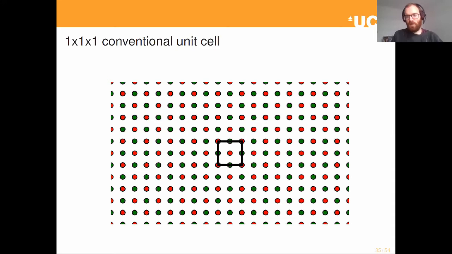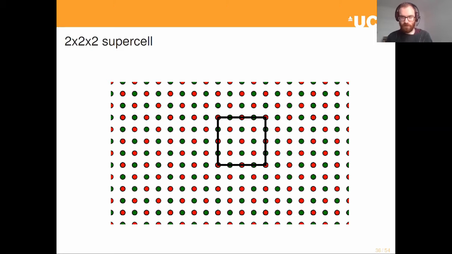So just to remind you, when we're discussing a periodic system, we have a unit cell, and we can imagine that this unit cell is completely surrounded by repetitions of what's in the cell, and these just stretch to infinity. But we can actually construct supercells as well, so we don't necessarily need to use the smallest cell that would describe a particular arrangement of atoms, but we can make our cell bigger, and this is called a supercell.